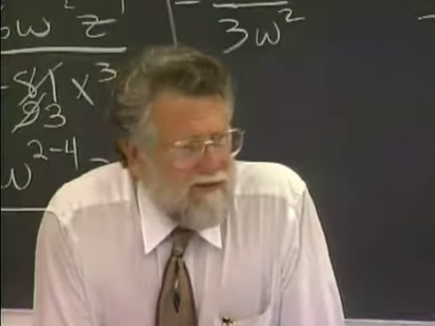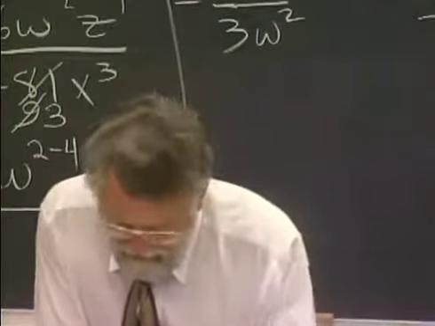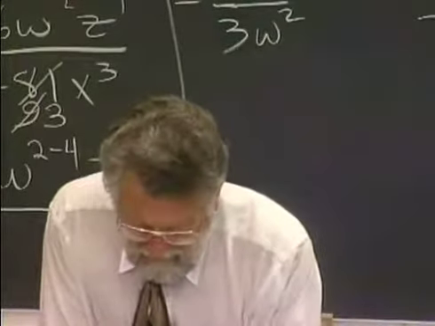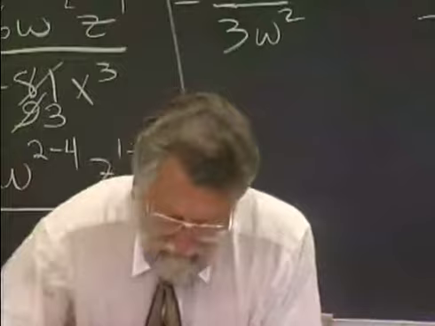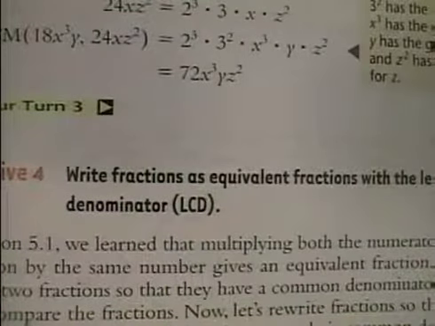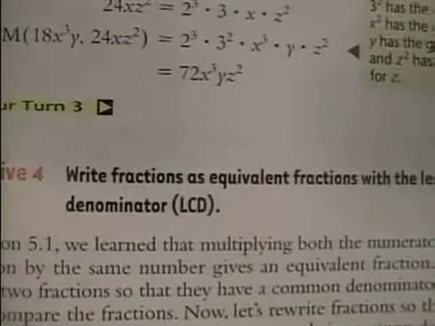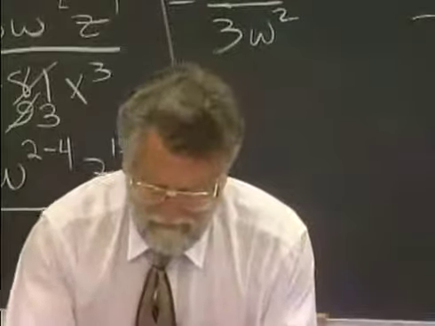It's the last part of the problems that will cause you some stress or distress. So let's see what we can do in the fourth objective down here. And it says write fractions as equivalent fractions with the new LCD. That's exactly what I just illustrated. However, they're going to be a little more complicated.